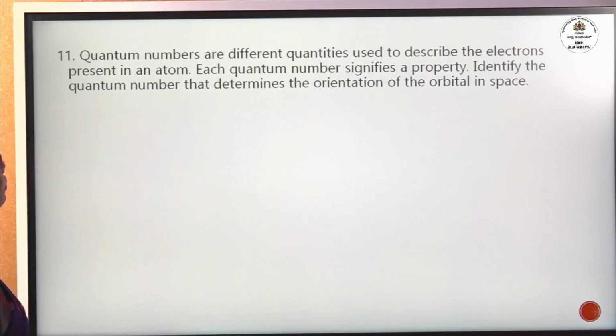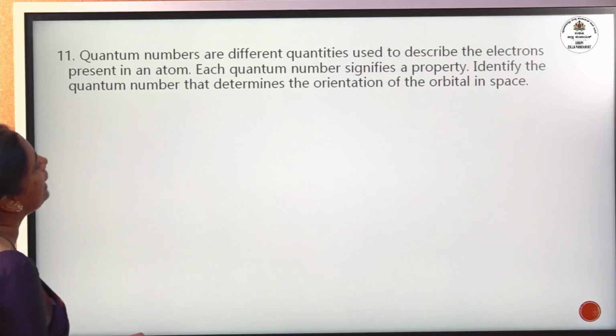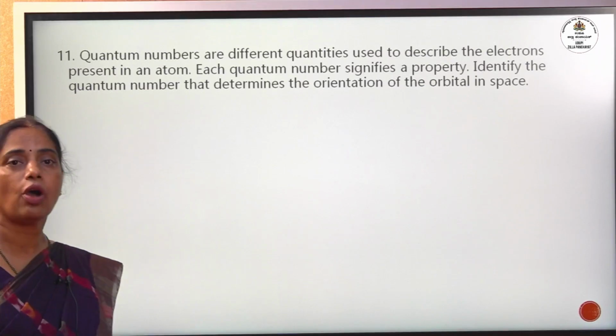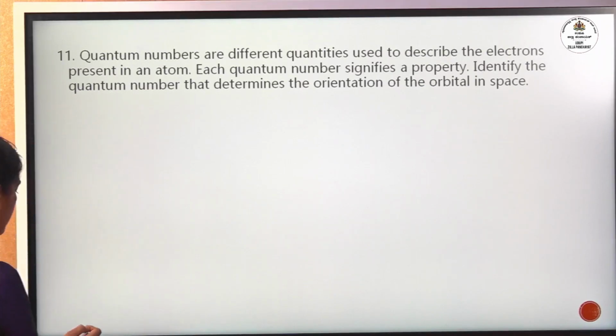Next question. Quantum numbers are different quantities used to describe the electrons present in an atom. Each quantum number signifies a property. Identify the quantum number that determines the orientation of the orbital in space. We'll check the options.